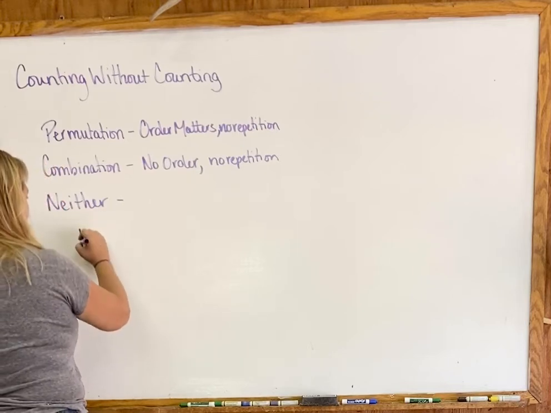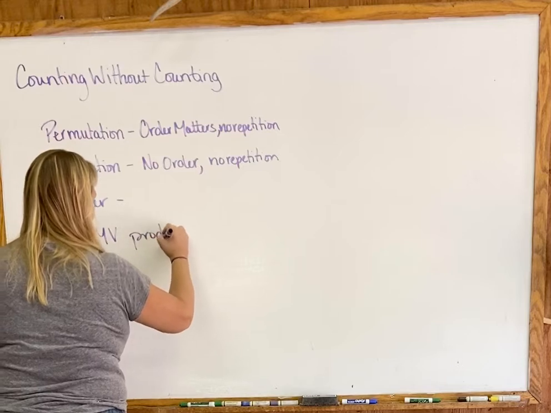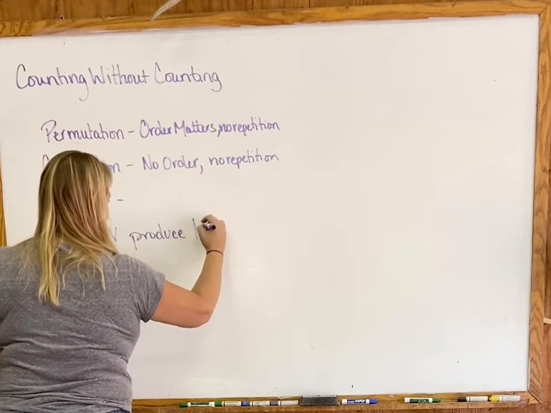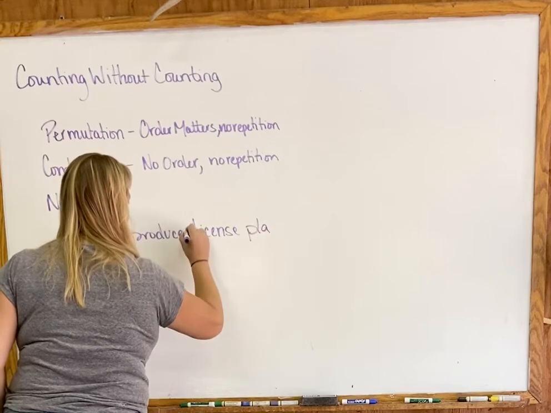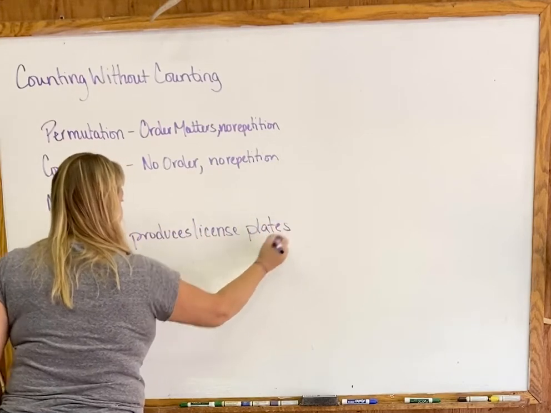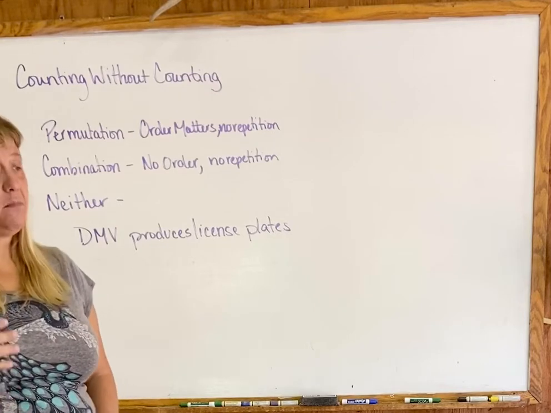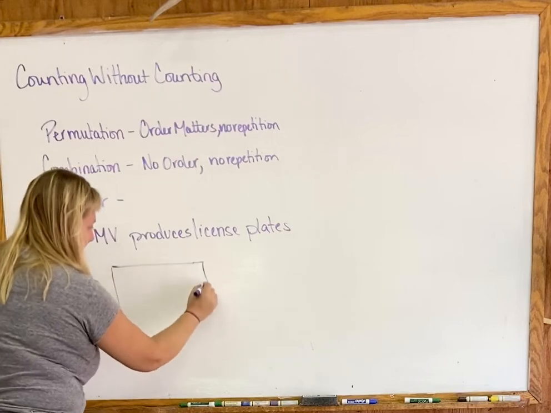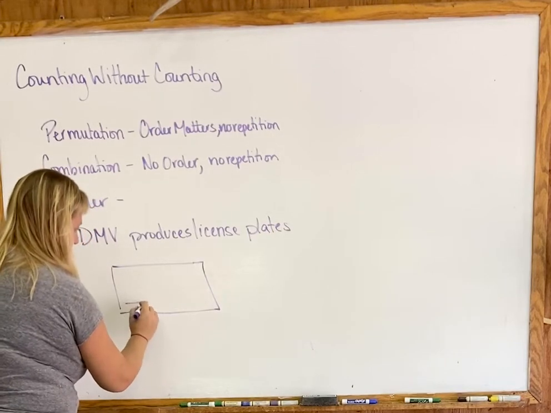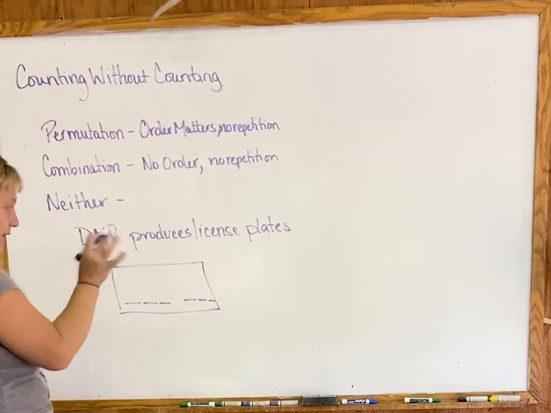So we are the DMV and we produce license plates. Okay, now in most states, not in our state, but in most states, a license plate has 6 slots on it. Sorry, not very symmetrical there, but anyway, go with it.